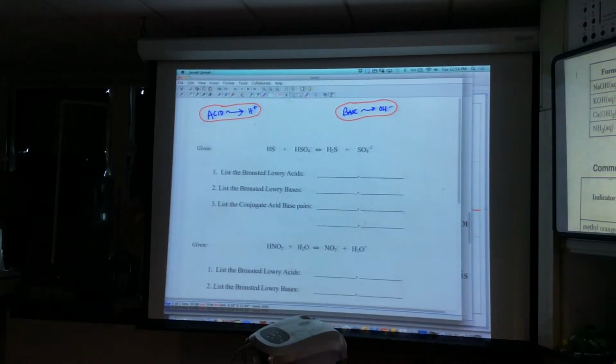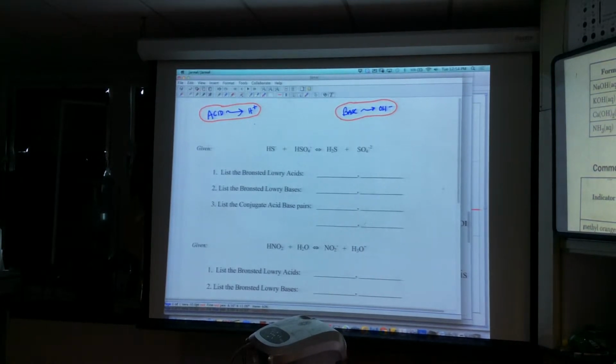Let's talk about ammonia for a second. Ammonia, NH3, how does it make the pH increase if it's a base? Well, let's watch. In water, it has the ability to accept an H from water.